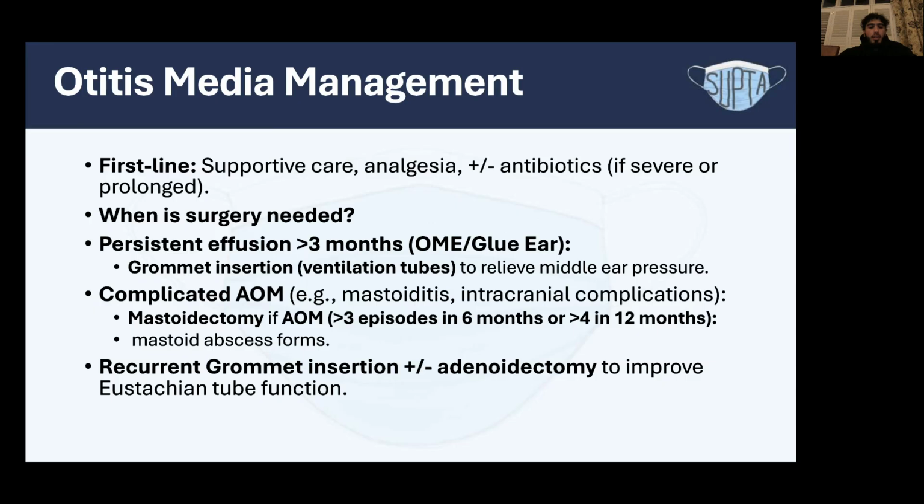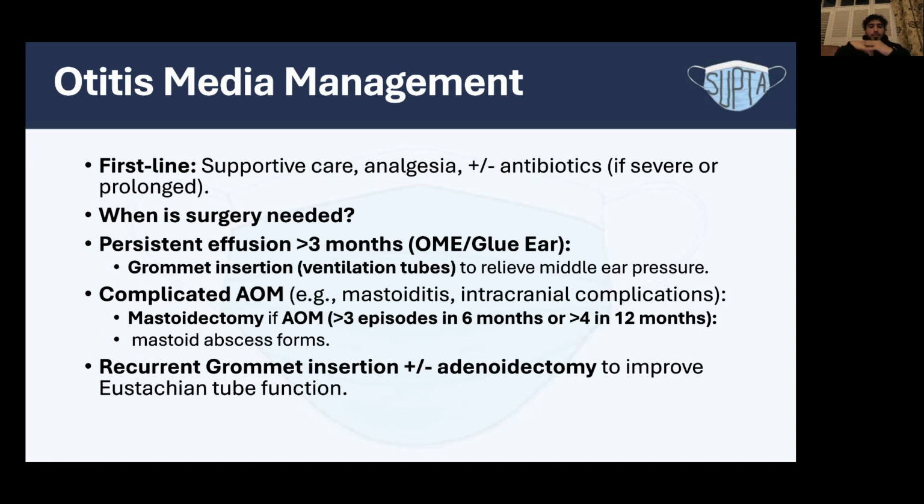And then for effusion, if it's still continuing, we put a grommet in, and we can also do an adenoidectomy. So adenoids sit quite close to the eustachian tube. There's a couple of reasons why we do this.